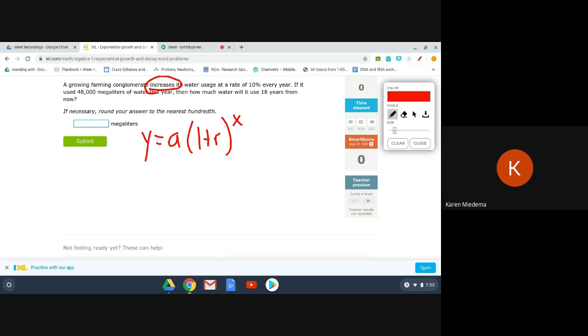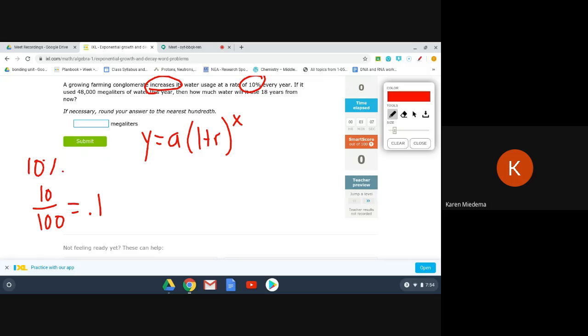So as we read this problem, it says the water usage increases at 10% every year. Well, in order to write 10% as a decimal, you divide by 100. 10 divided by 100 gives you 0.1. So in the formula for r, you have to use 0.1.